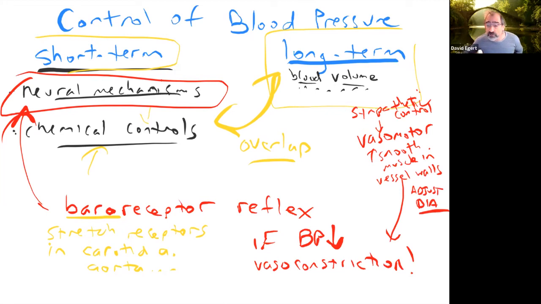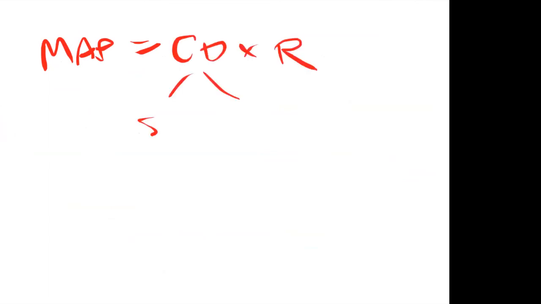So we can do vasoconstriction. What's another way we can bring blood pressure up? Actually using the sympathetic nervous system. Can we do it chemically, like releasing epinephrine?